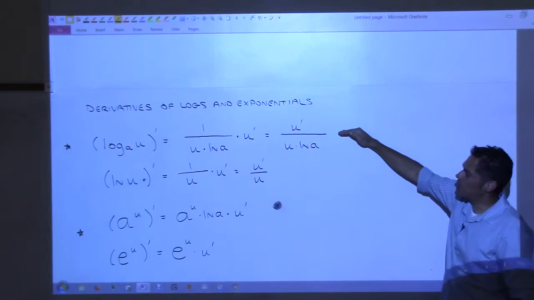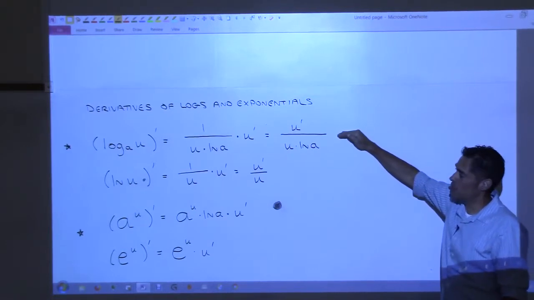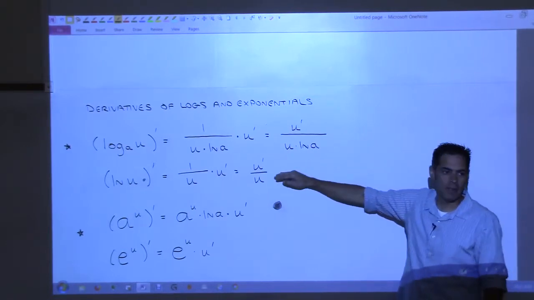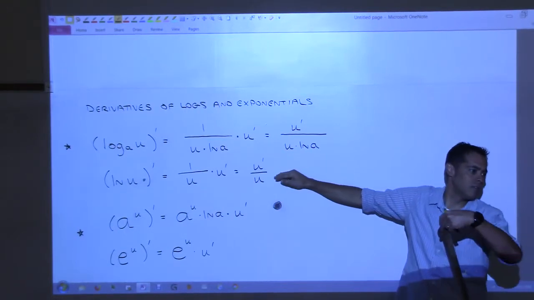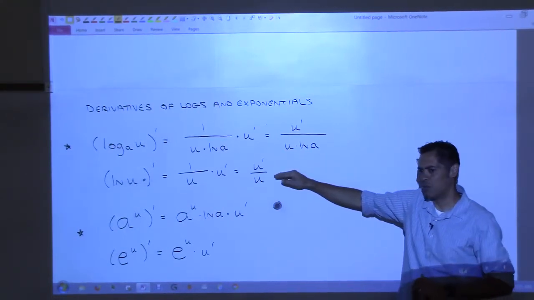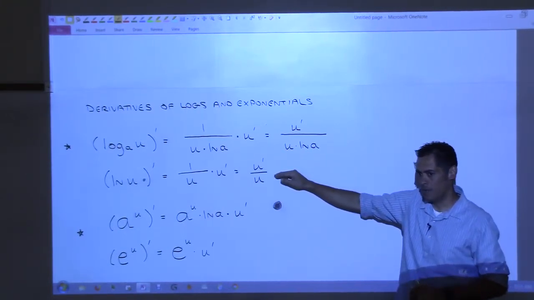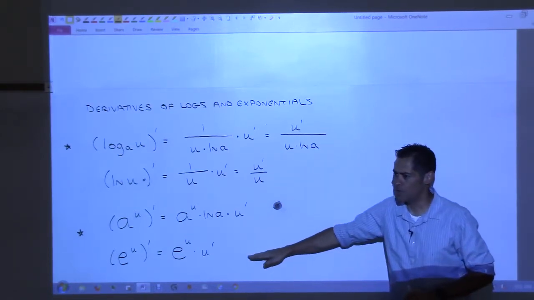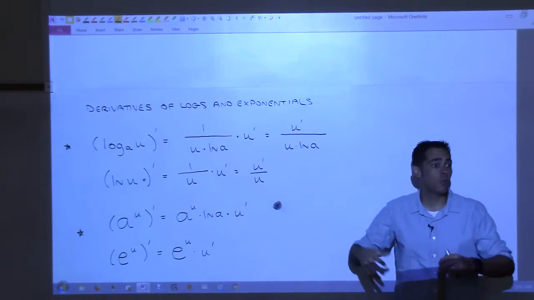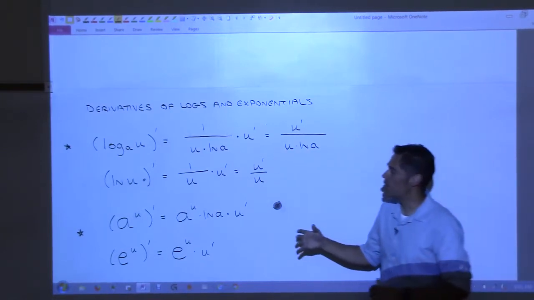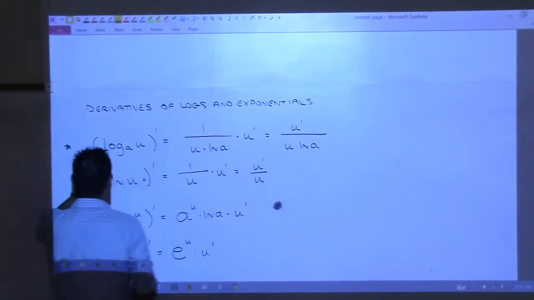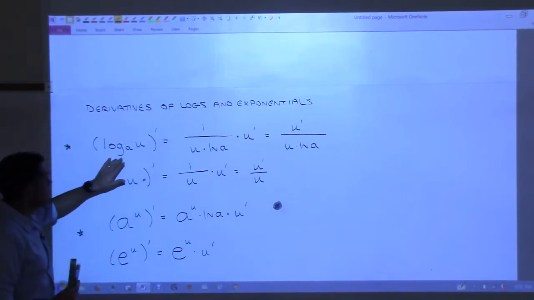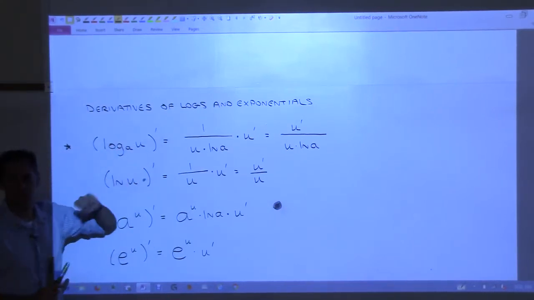This is the derivative of any logarithmic function. This one is the derivative of the very special natural log function, which is when the base is e. So this is a special case, but these two that are starred are the more general formulas. What you can see in this first formula is that it incorporates the chain rule.